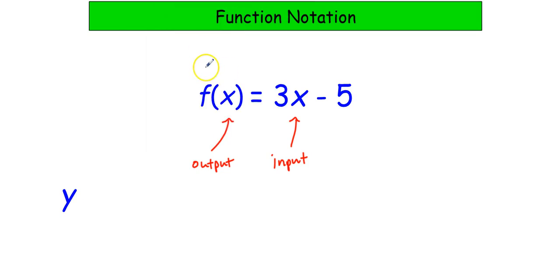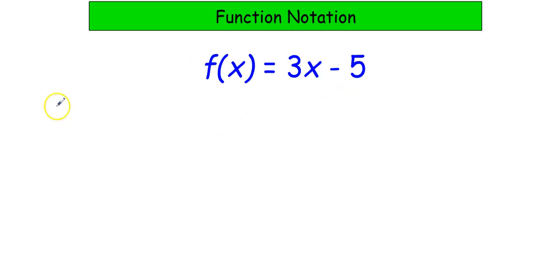And all this means is that this is a function, where it takes in inputs of x and spits out outputs. Now, for this one, our output is technically f of x instead of just a y. So it's really just a different way of writing the same thing, but it's a little more formal. You usually see things written a bit more formally in function notation.